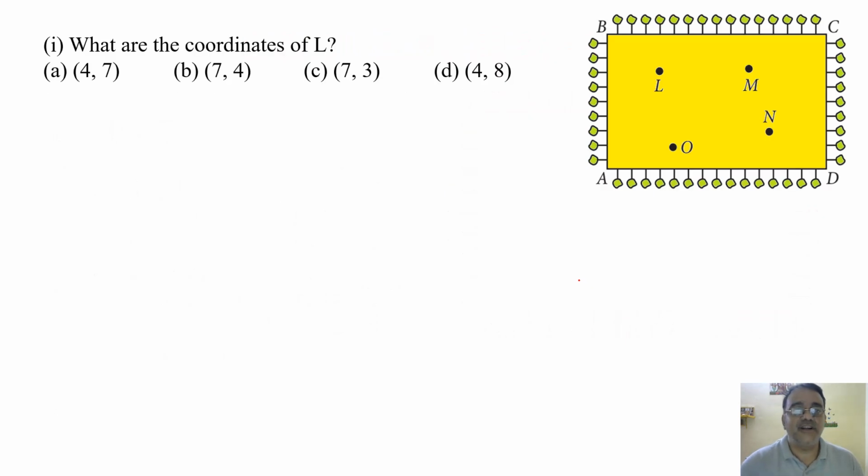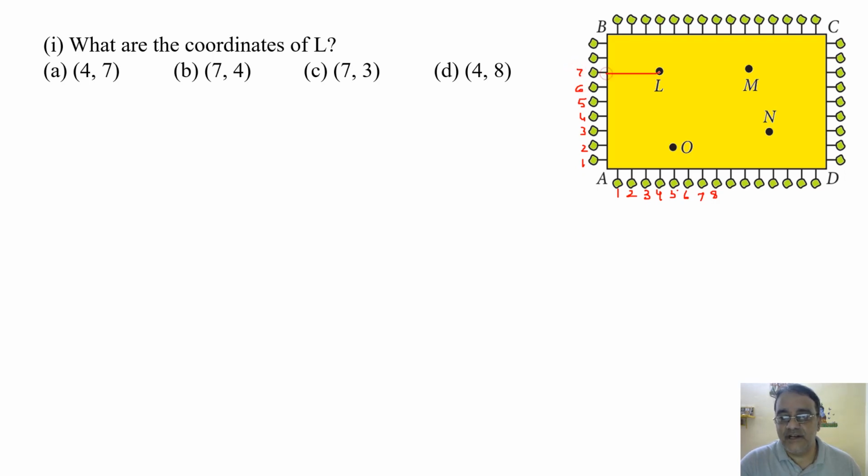Right. So what are the coordinates of L? Wait. So this we have to take 1, 2, 3, 4, 5, 6, 7, 8. ठीक है. L देखो और यहाँ पर भी 1, 2, 3, 4, 5, 6, 7.